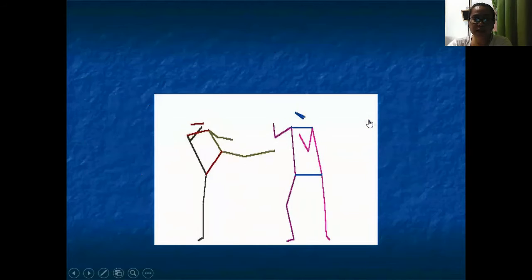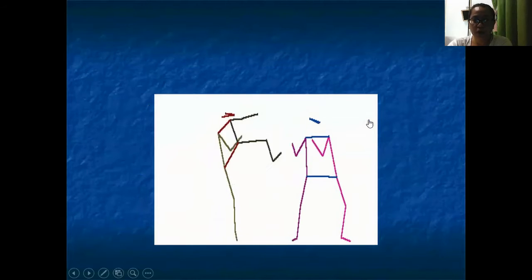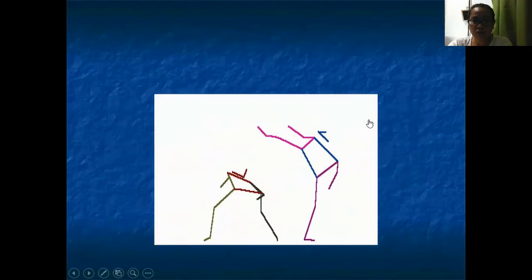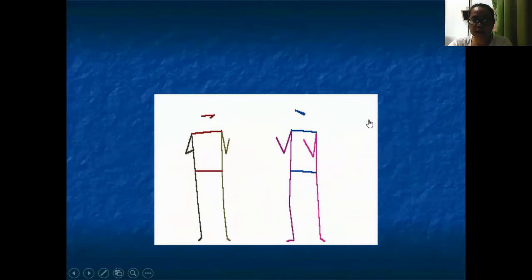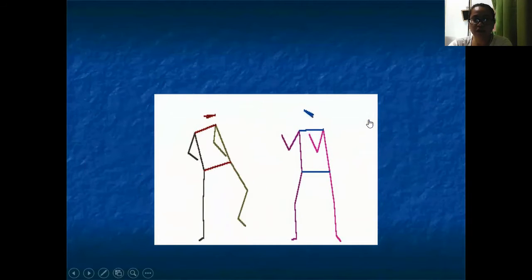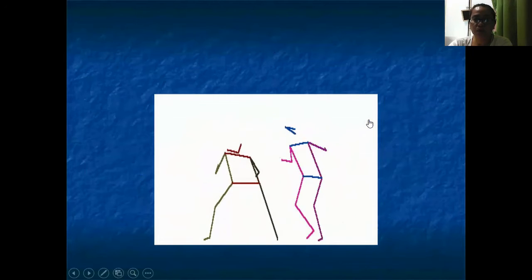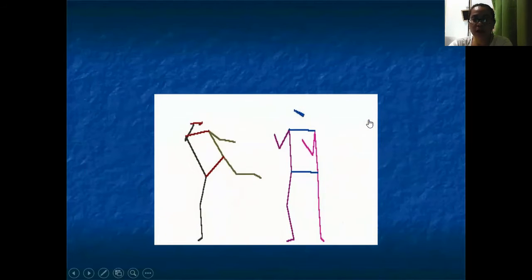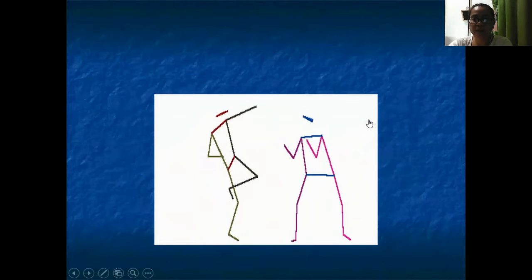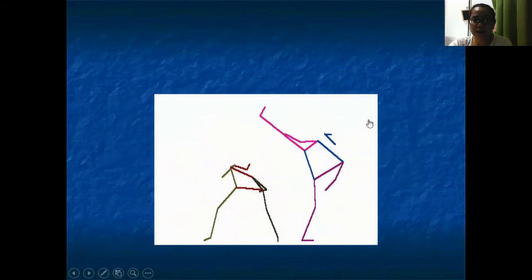So this is an example of a combat game. So there's the opponent and there's the defender. Okay, so this is a stick example of doing the motions and which particular angular motion force is being applied by these two athletes.